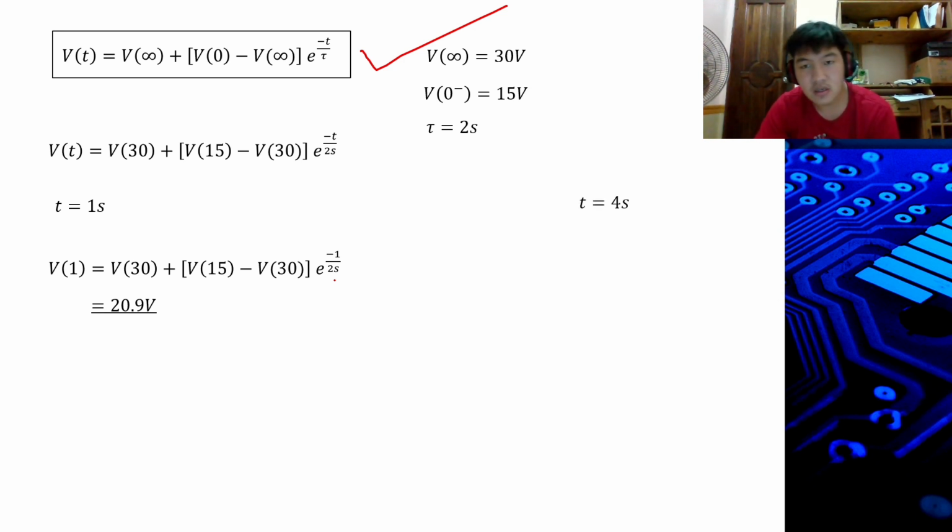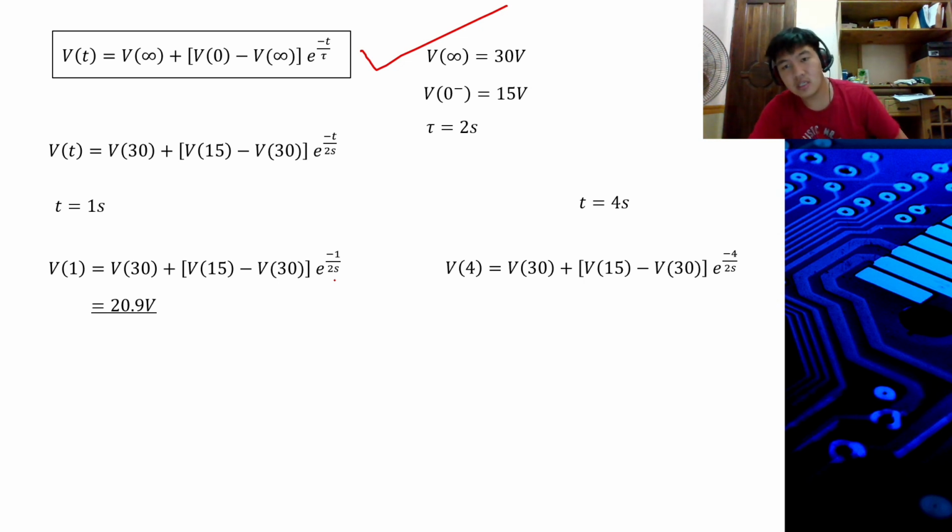At 4 seconds, we get 30 plus 15 minus 30 times e raised to negative 4 over 2.